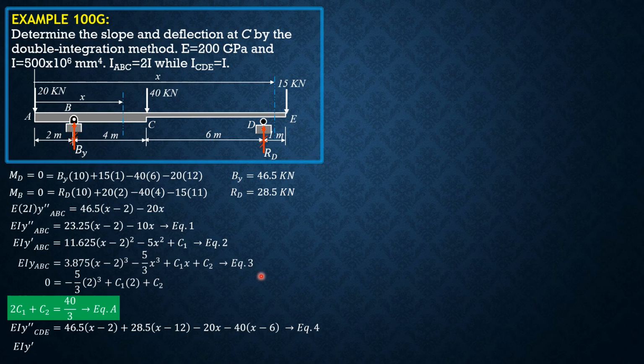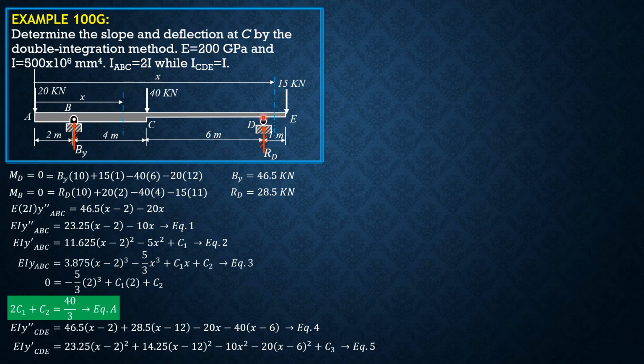Integrating, EI y prime CDE is equal to 23.25 x minus 2 square plus 14.25 x minus 12 square minus 10x squared minus 20 x minus 6 quantity square plus c sub 3. There is c sub 3 because we consider CDE, and all these elements except at D will have deflection and slope, of course.